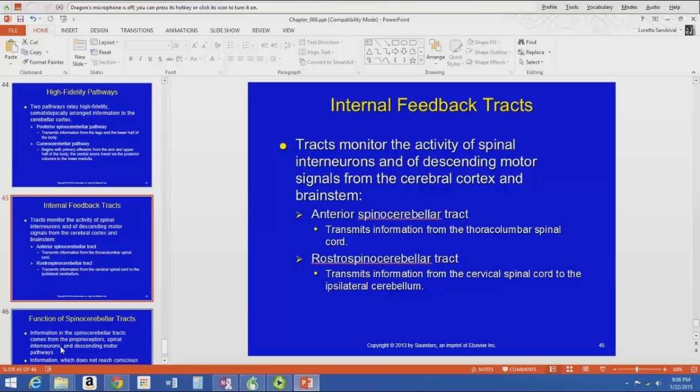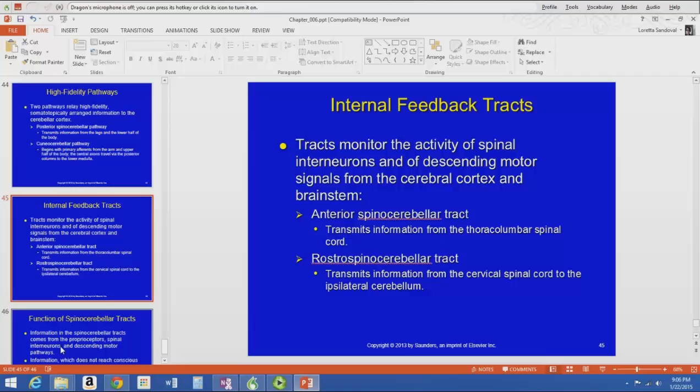There's the anterior spinocerebellar tract, which transmits information from the thoracolumbar spinal cord, and the rostrospinocerebellar tract, which transmits information from the cervical spinal cord to the same side of the cerebellum.